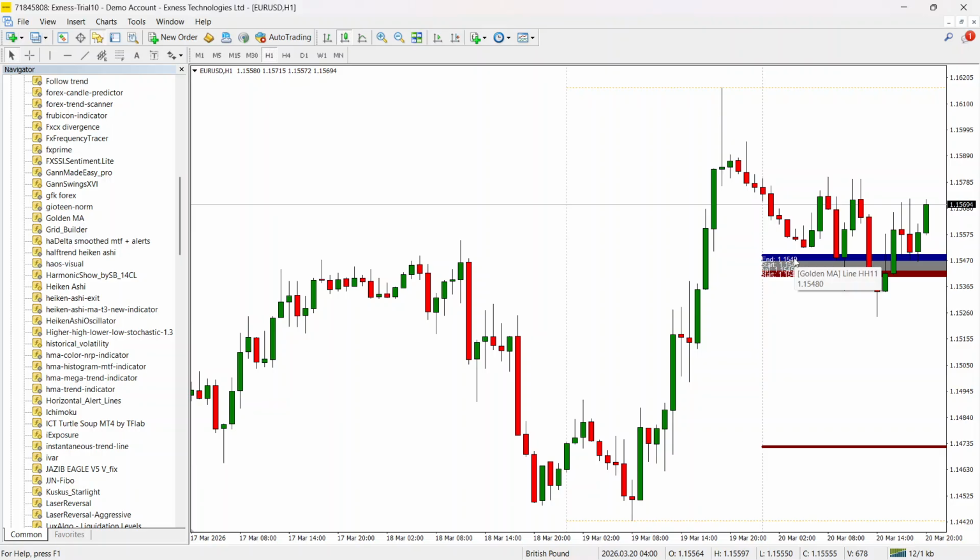As you can see over here, on the main chart, the golden MA indicator draws a ladder of horizontal lines above and below current price. It marks the previous trading day's high and low, plus several additional bands that represent stepped overbought and oversold zones on both the buy and sell side.